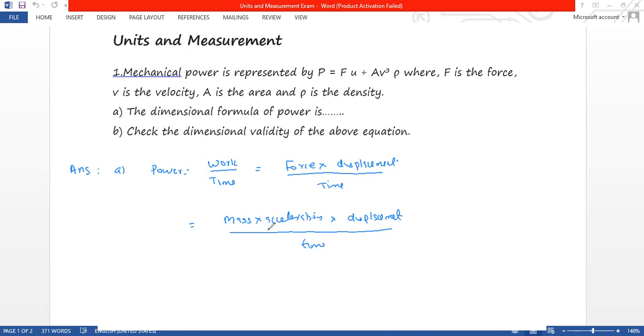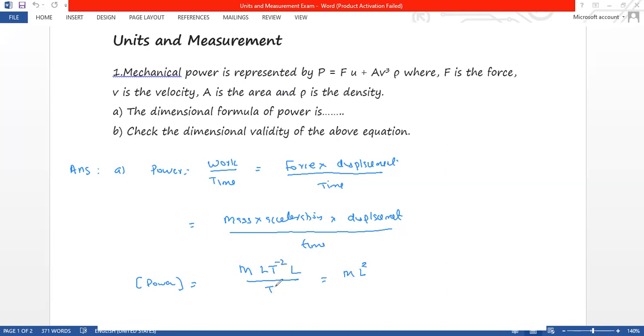So now we can write the dimensional formula. Dimension of power equal to mass is capital letter M, acceleration is L t raised to minus 2, displacement is one length, so it is L divided by time, which is equal to M. L into L becomes L square.